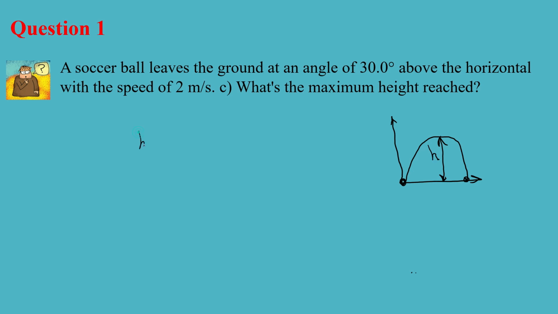So my h is going to be v squared sine squared theta over 2g. My velocity is 2 squared, sine theta is sine 30 squared, divided by 2g.